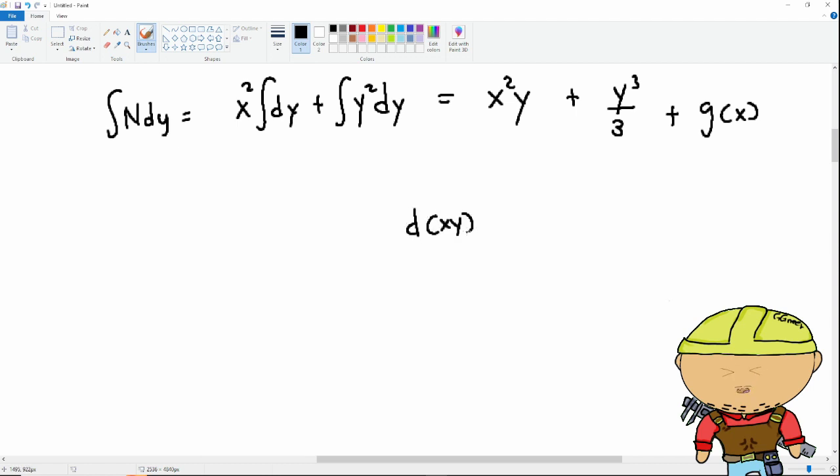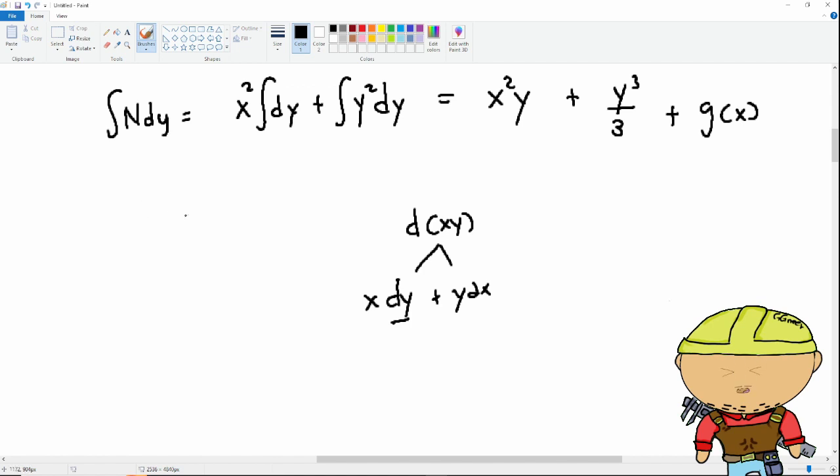If we have a product rule, we differentiate the two variables: x dy plus y dx. By means of half integration or half differentiation, when we differentiate with respect to y, we consider x as constant.